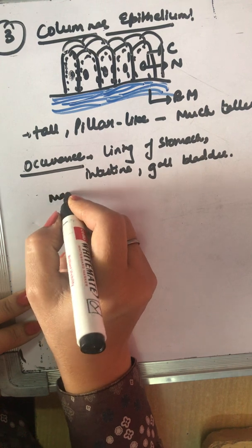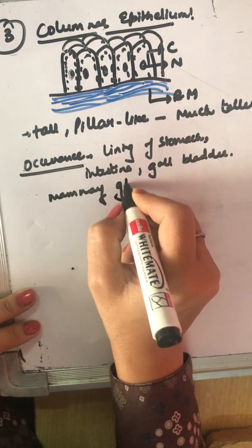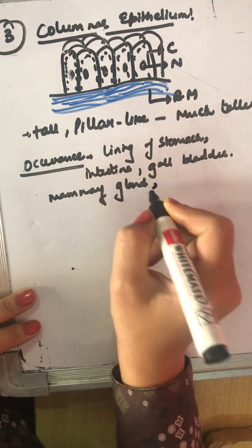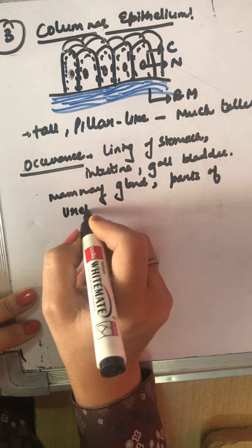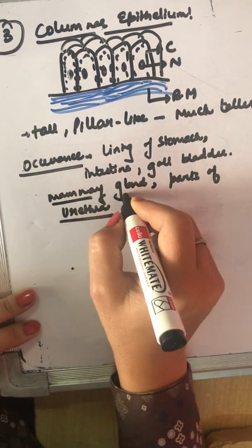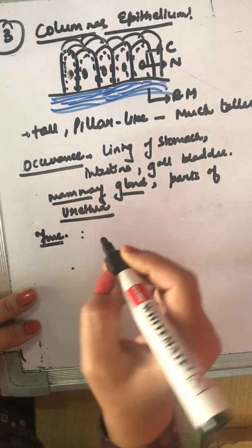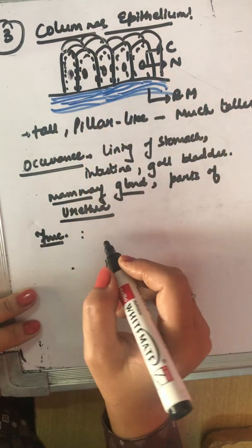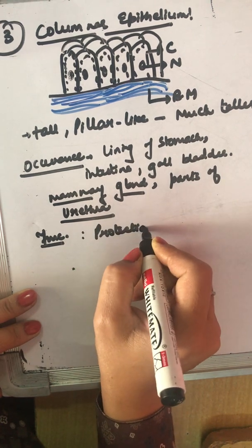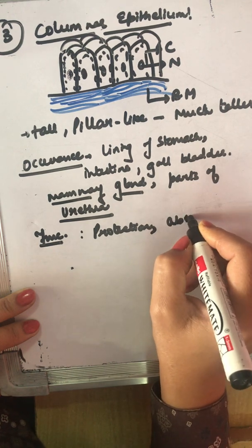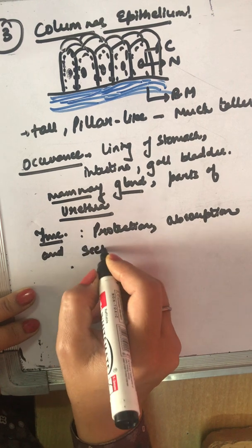Also lines the mammary glands, and parts of urethra. Now, what is the function? Very clear. Obviously, lining, they are protection, aids in protection, absorption, and secretion.